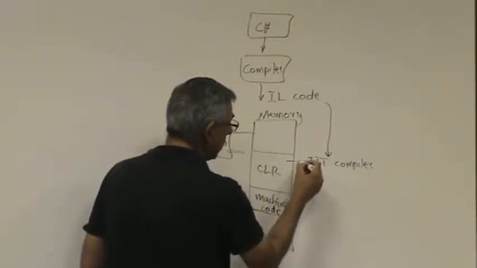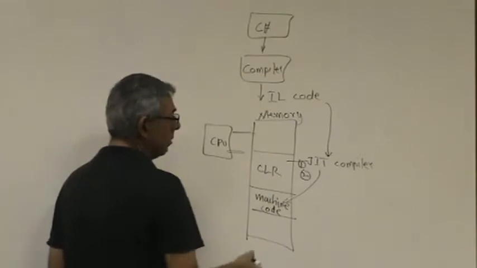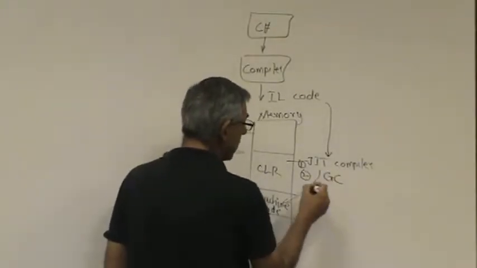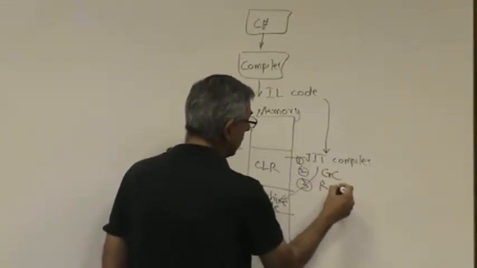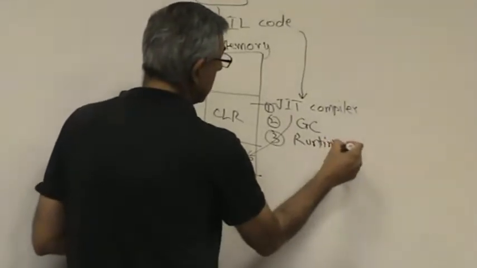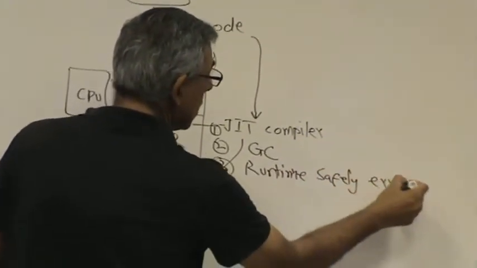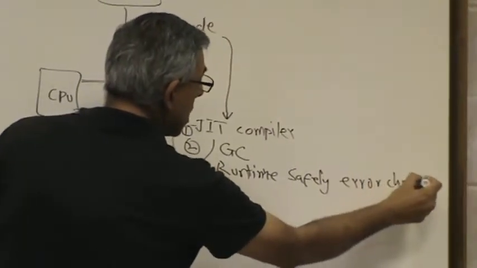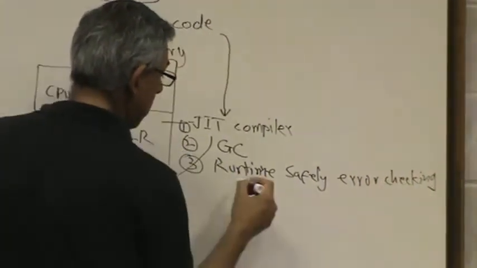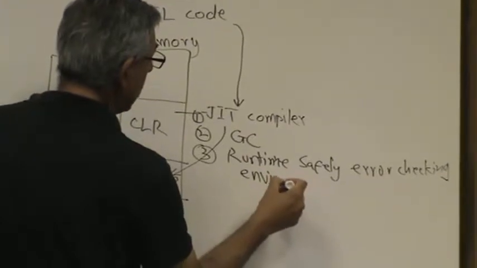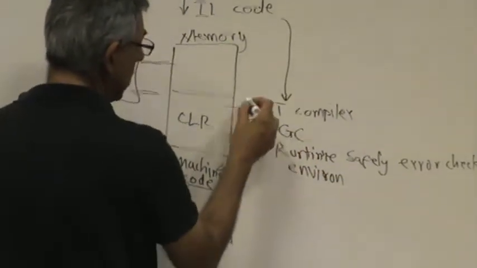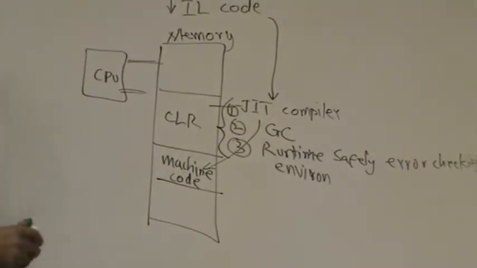Okay, the second part of the CLR was garbage collector, and third was runtime safety and error checking environment, right? Okay, what's the equivalent of CLR in the Java world?